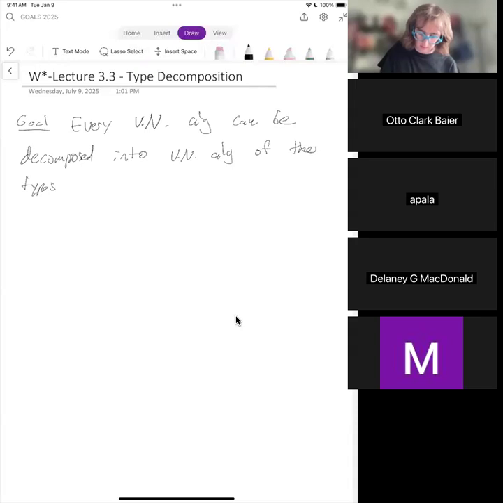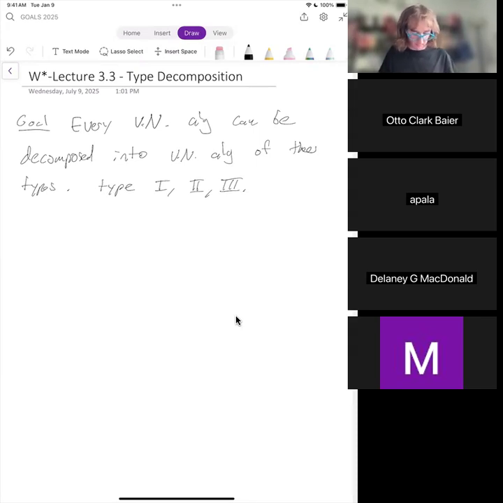They're, for lack of a better name, just called type 1, type 2, and type 3. And then each of those can also be subdivided into types as well. And we'll get into that a little bit.